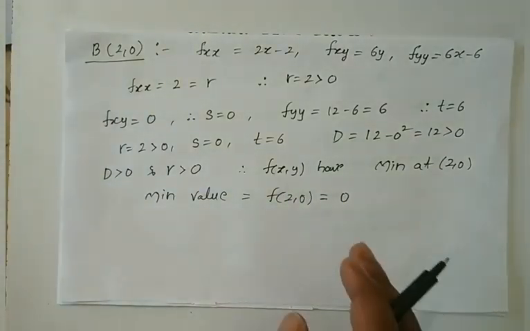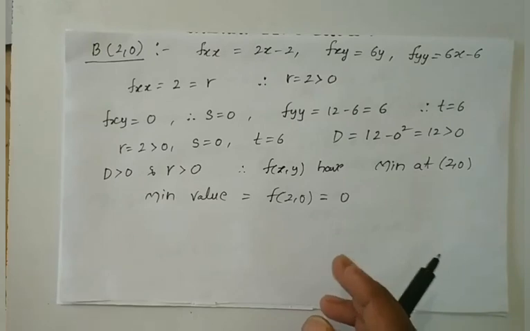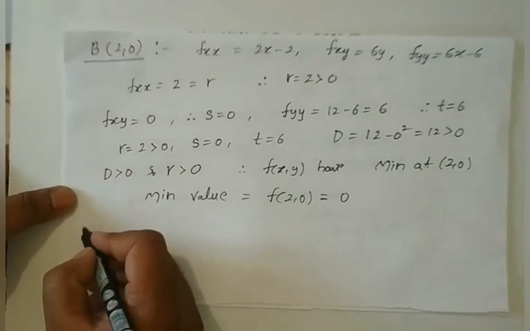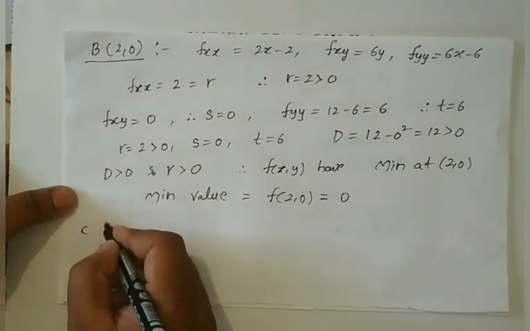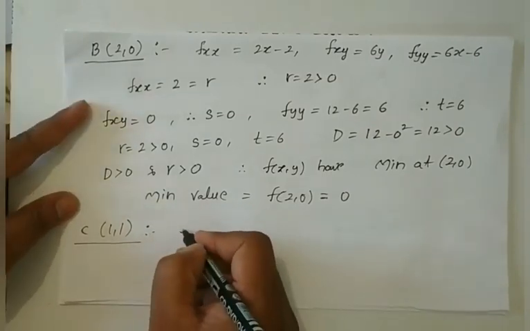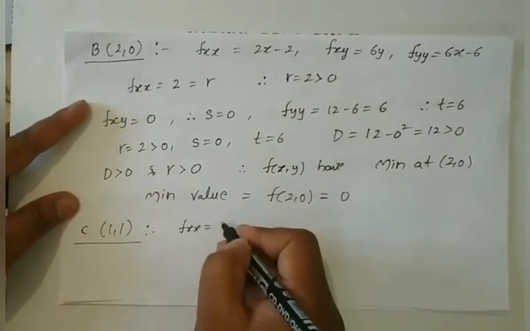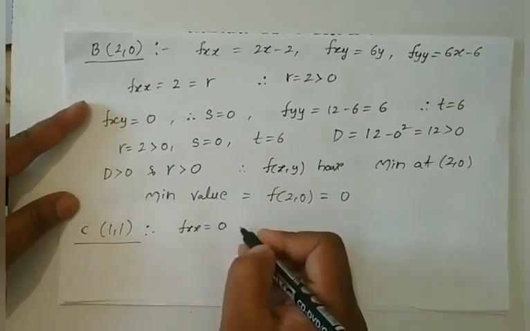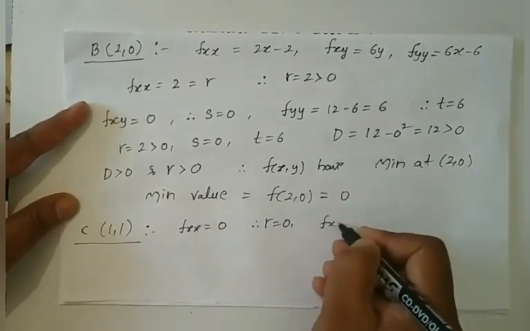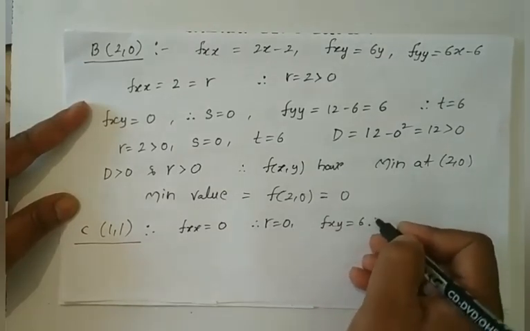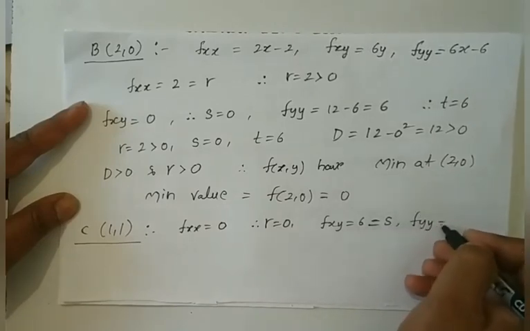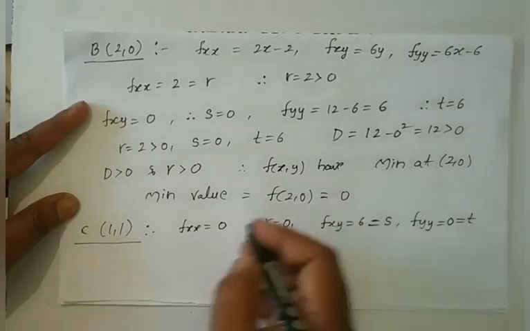Similarly, we have to check the remaining points C and D. What is C? 1 comma 1. At the point 1 comma 1, fxx is 0, therefore r is equal to 0. fxy is 6, so s is equal to 6. fyy is 0, so t is equal to 0.